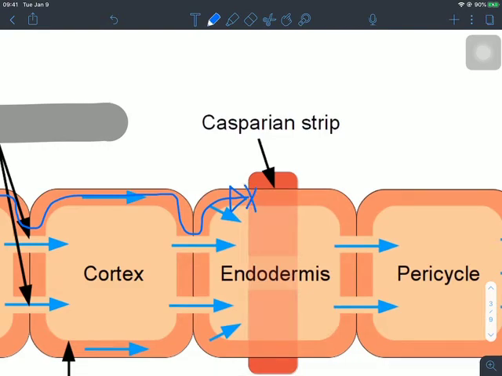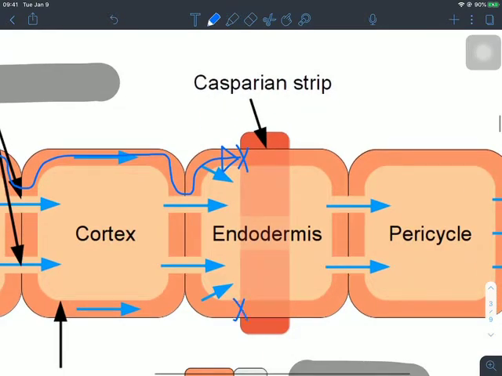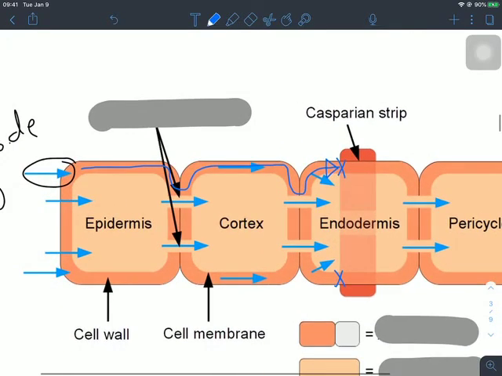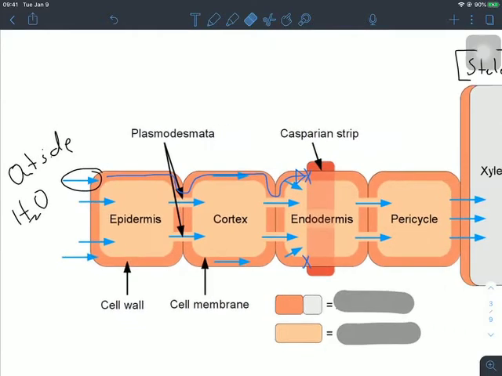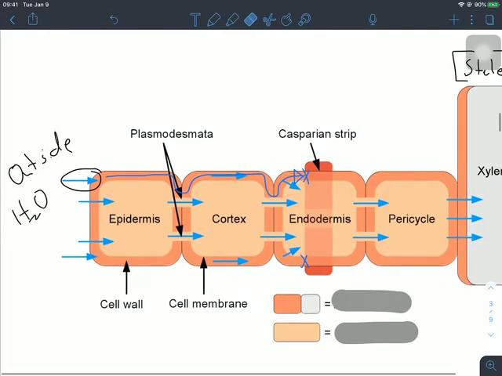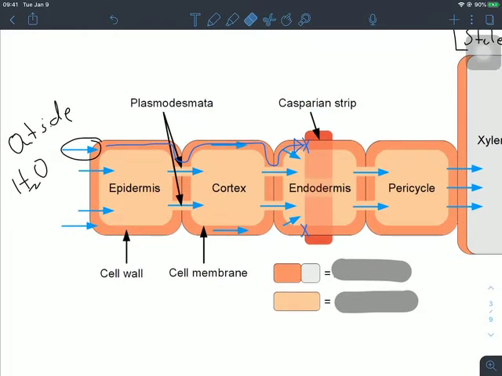No more apoplastic transport will be possible. Instead, all of the water is now transported symplastically via those plasmodesmata. And so it's something about the Casparian strip that is forcing water to go through the plasma membrane and no longer be able to be trafficked in the cell wall.